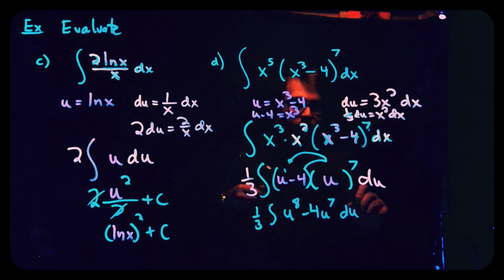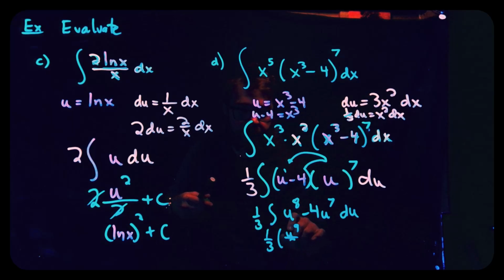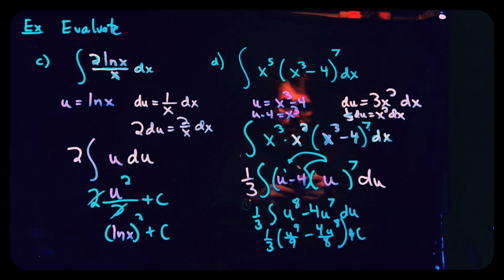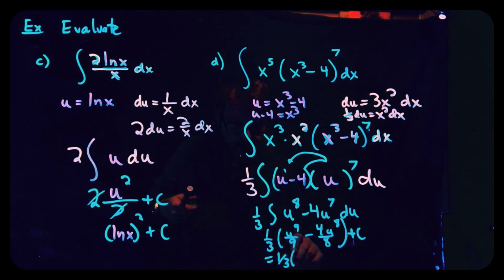So this is going to be equal to 1/3 times u to the 9th over 9 minus 4u to the 8th over 8 plus c, and then unsubstituting and simplifying, this is going to be equal to 1/3 times u to the 9th, u being this binomial, so x cubed minus 4 to the 9th over 9, minus x cubed minus 4 to the 8th over 8.